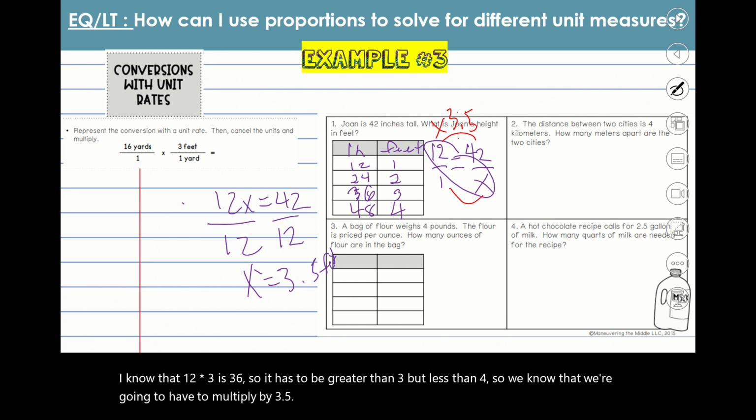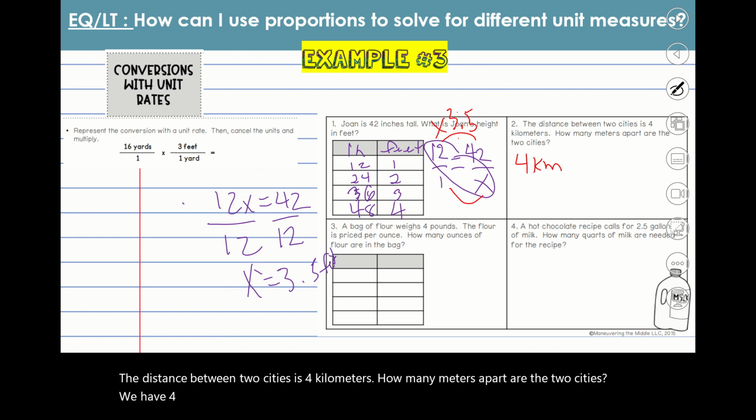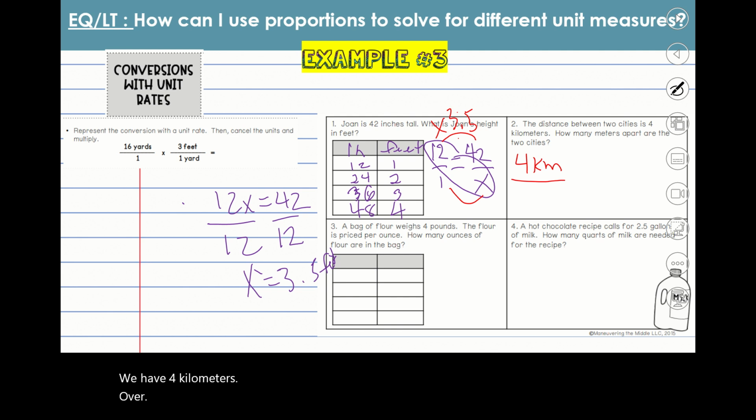The distance between two cities is 4 kilometers. How many meters apart are the two cities? We have 4 kilometers over x equals 1 kilometer over 1,000 meters.